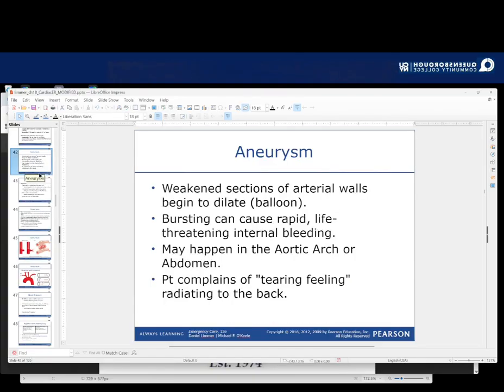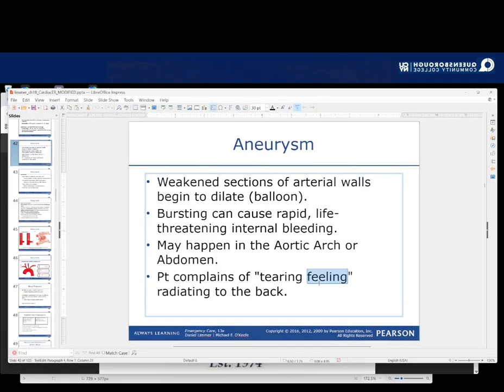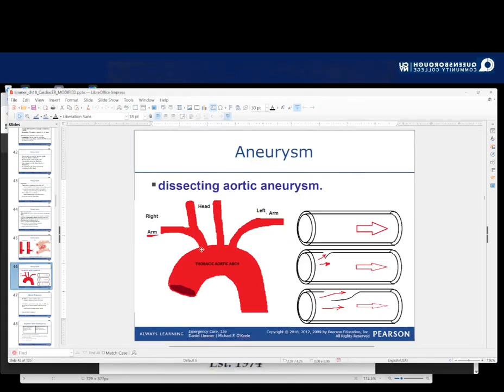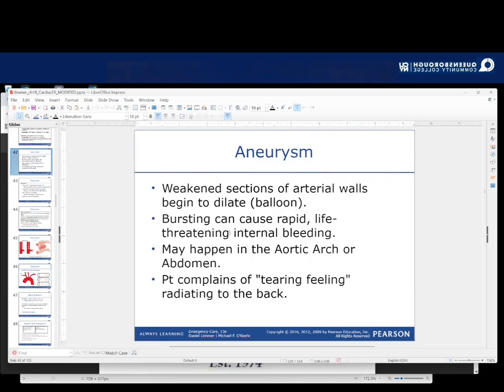That's a burst aneurysm. If it's a large enough artery, the patient feels a tearing feeling. How big does it have to get? How about as big as the largest artery in the body, which is the aorta? So it could happen that an aneurysm appears in the aorta and it bursts open.